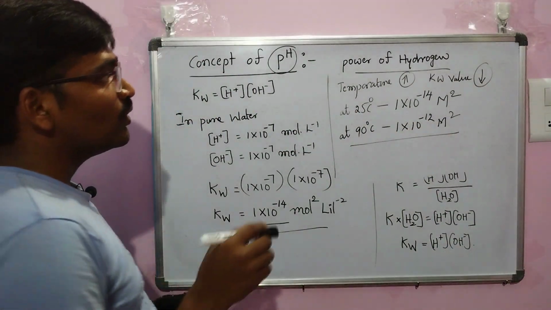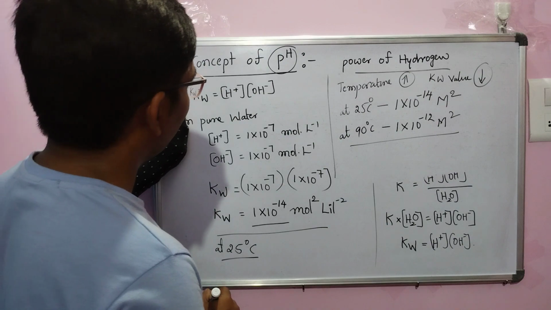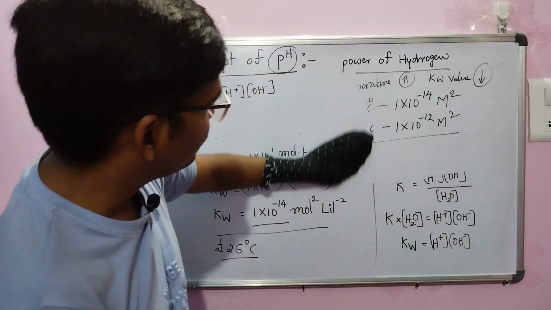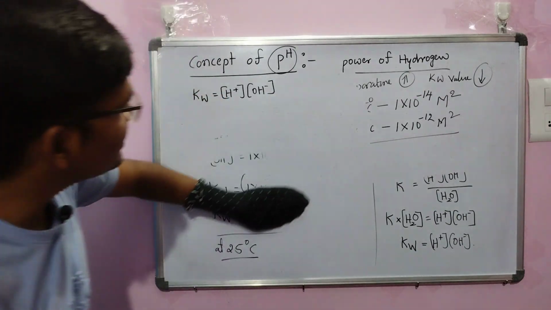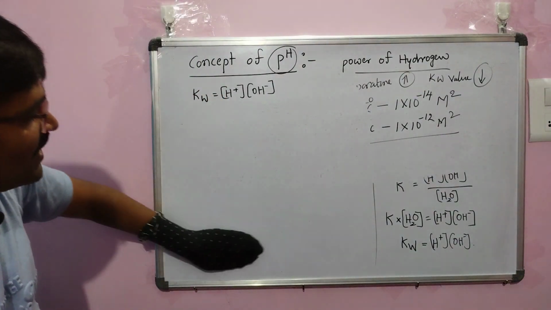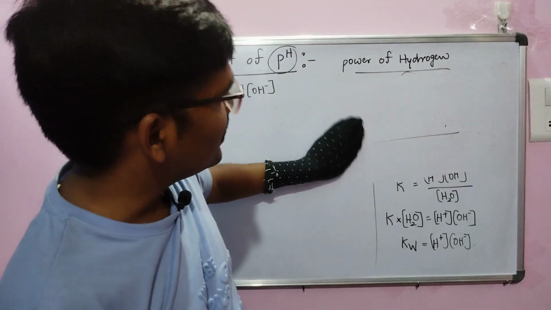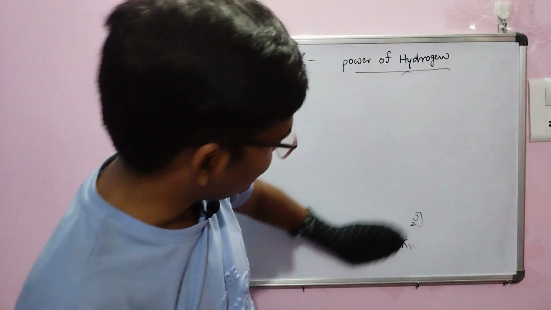Then one more point we can discuss here: Kw equals H plus ion concentration into OH minus ion concentration.